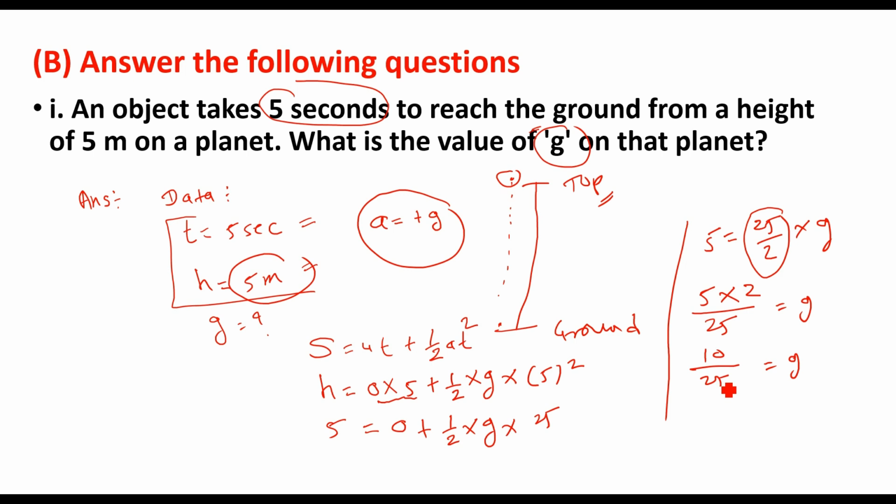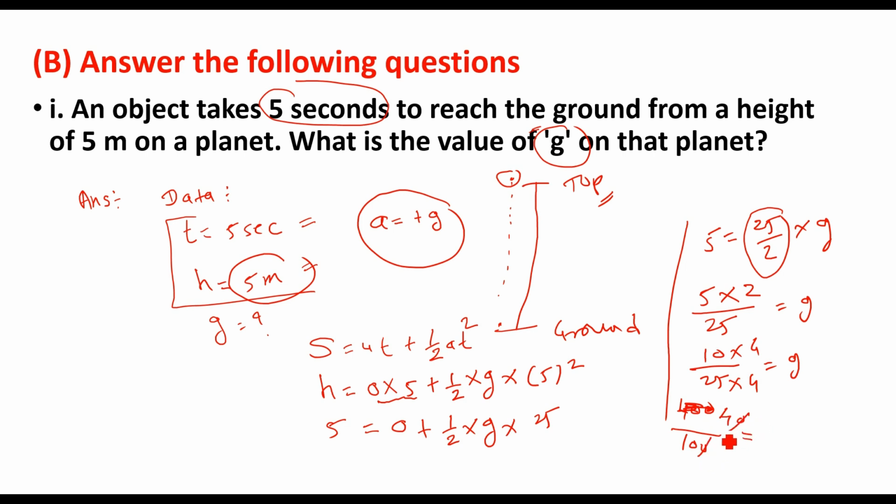Then I multiply by 4 in the numerator and by 4 in the denominator. I get 40 in the numerator, divided by 100, not 400, pardon me.